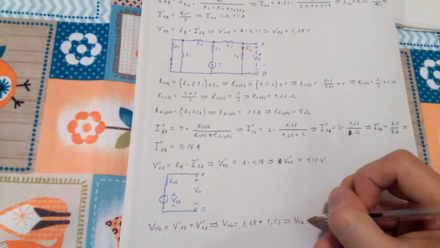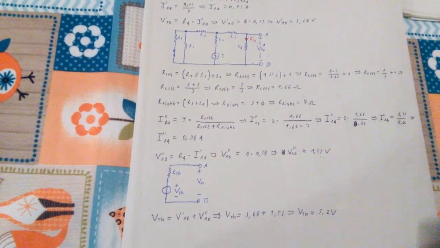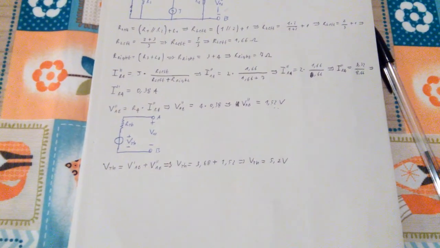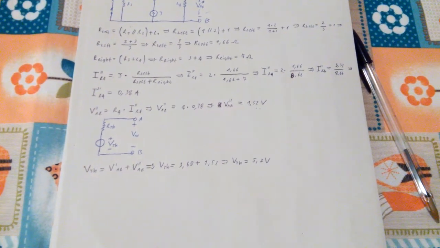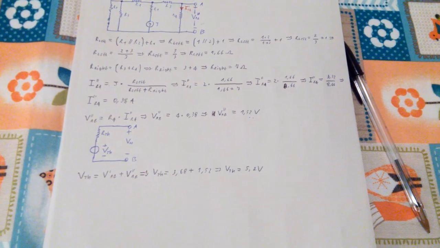So VTH is just 5.2 volts. So there we go. This is the equivalent circuit of Thevenin drawn at the point AB, just like the problem was asking us.